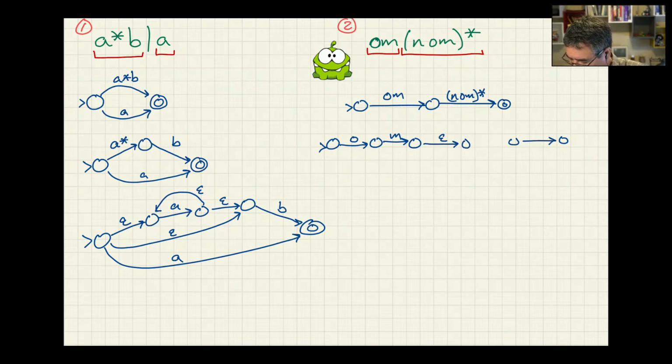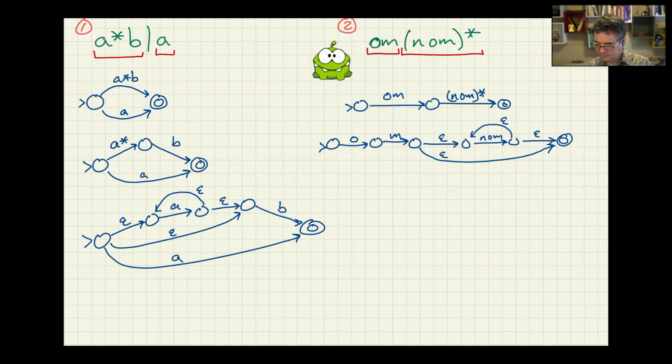Two epsilons on the outside, and nom in the middle. Then the epsilon that loops back, and the one that skips over. And then finally, we just need to break up that nom in the middle.